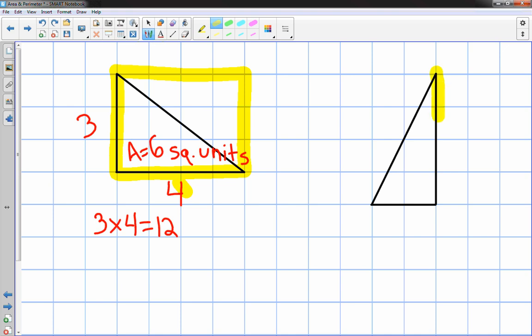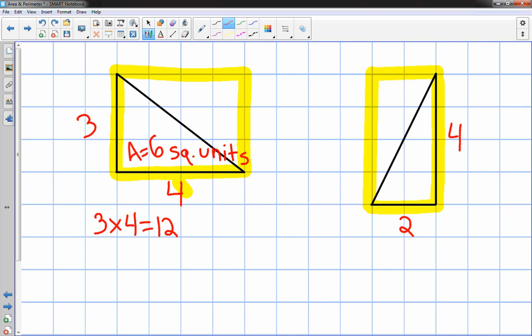This other triangle, try to envision it inside a rectangle. Okay, figure out how tall it is and how long the base is. So the base is 2. How tall is it? Looks like it's 4.